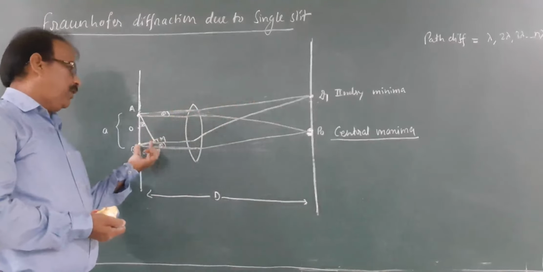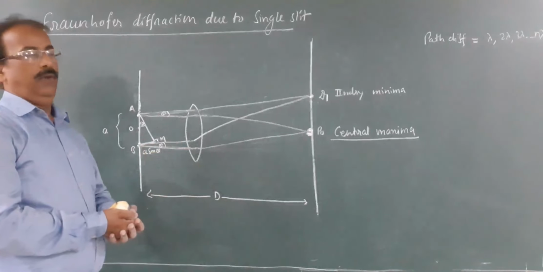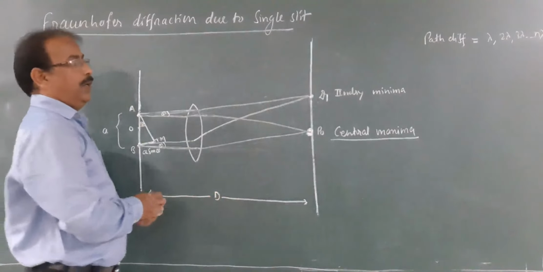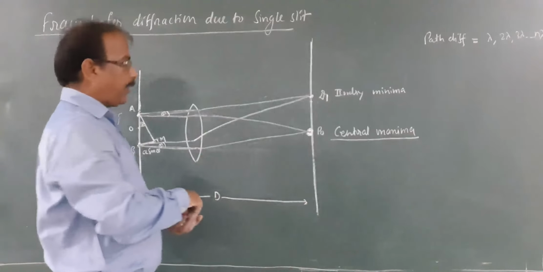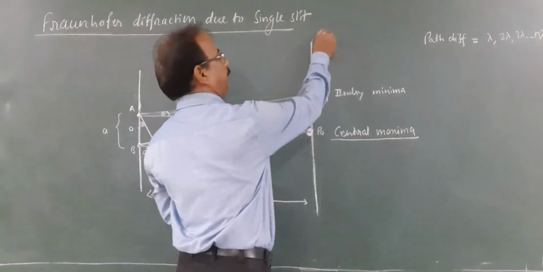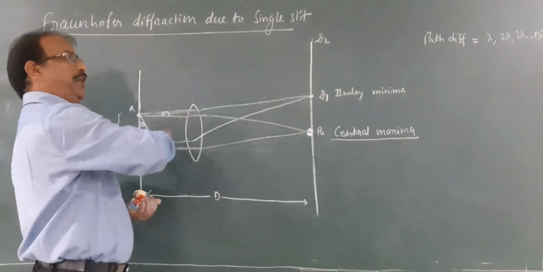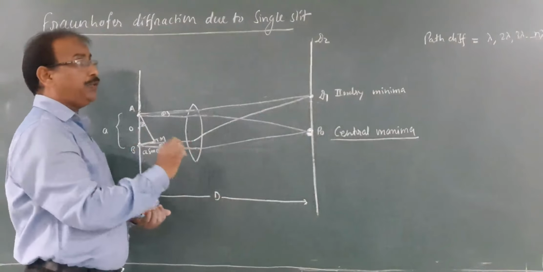This path difference you must get equal to lambda for secondary minima. So this is the secondary minima here. The wave that reaches at D2 will show path difference, means this distance, how much? 2 times lambda.